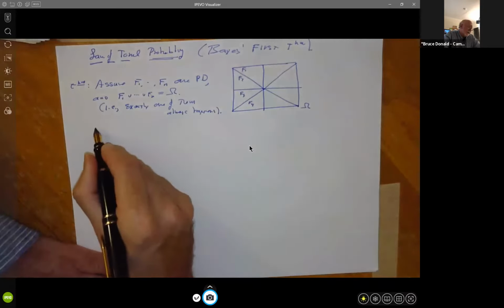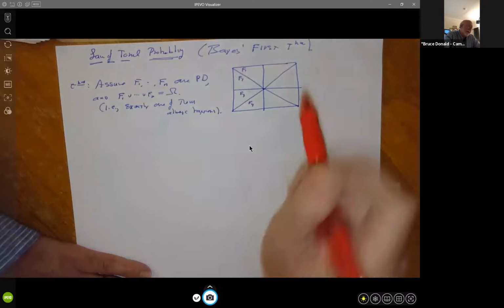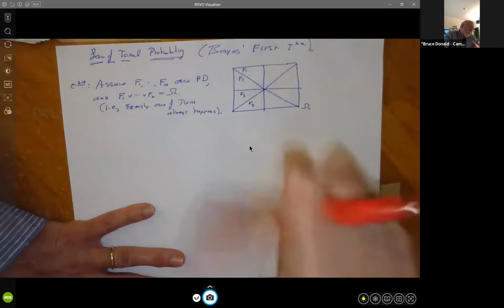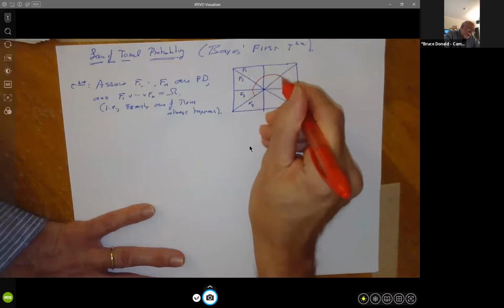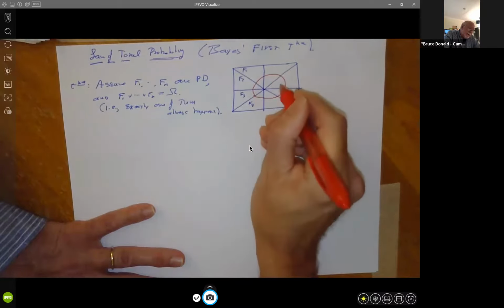Okay, assuming that's the case, now imagine we have an event A, which I will simply draw like this. And A doesn't have to be anything in particular, it just has to be an event.